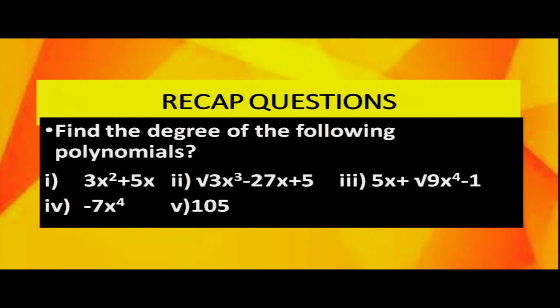So the highest exponent is 2, and the degree of the first one is 2. In the second one, root 3 x cube minus 27x plus 5, the variable has highest exponent 3. So it is a polynomial of degree 3.